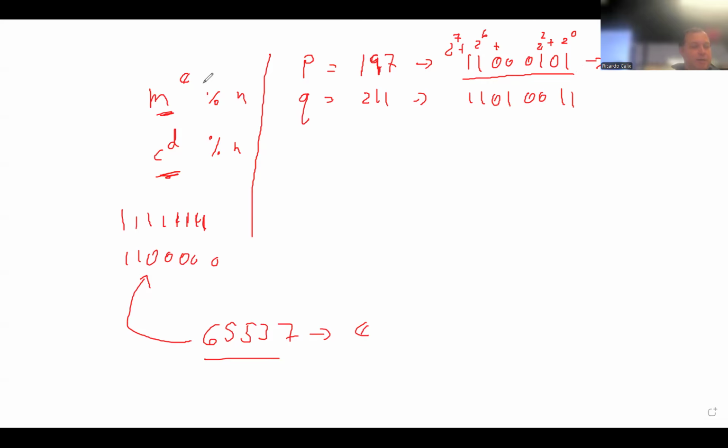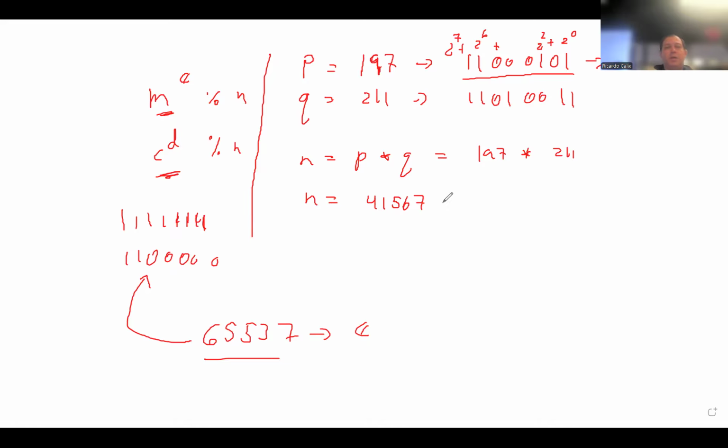Another thing to think about is the n that is generated. When we create n, p times q, this is going to be 197 times 211. This produces an n equal to 41567, which actually requires 16 bits instead of 8 bits to represent it.